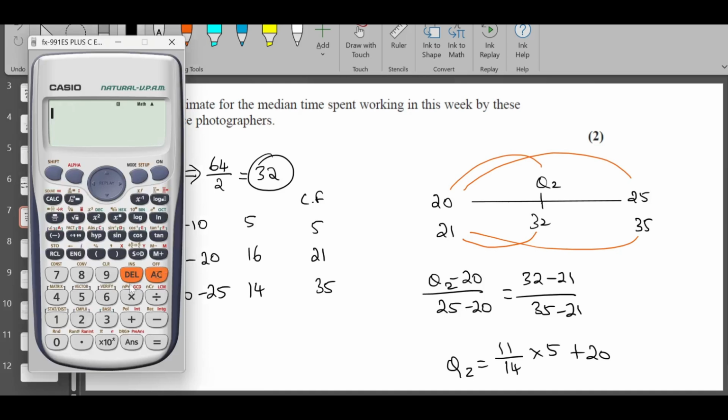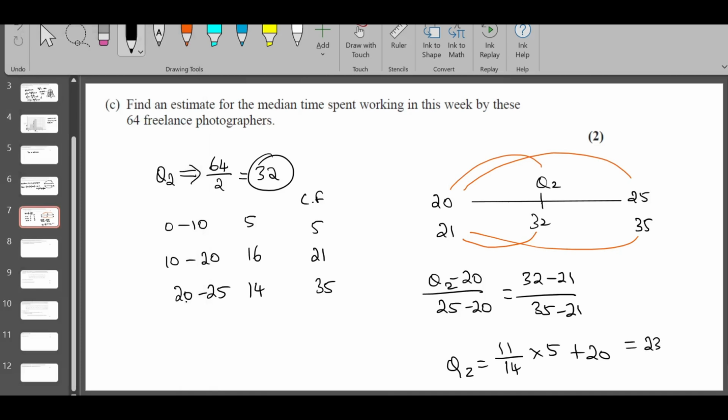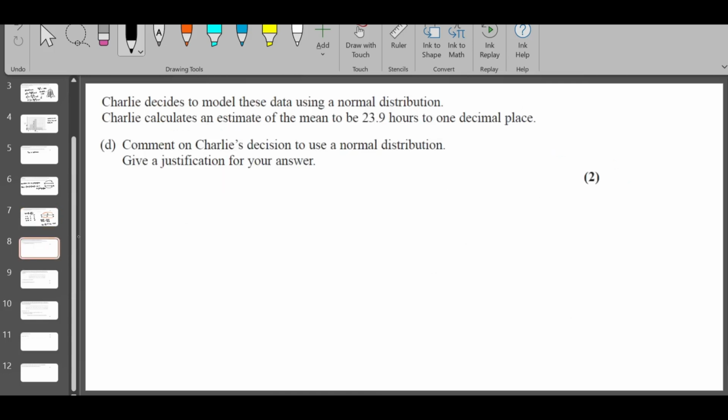So you're going to get 11 over 14 times 5 plus 20, which is 23.9 etc. Round it to 3 significant figures. 23.9 is the median. That's the linear interpolation method. Let's move on to the next part.